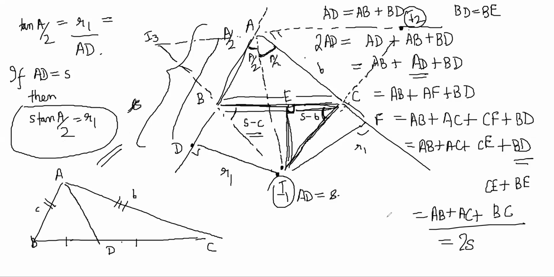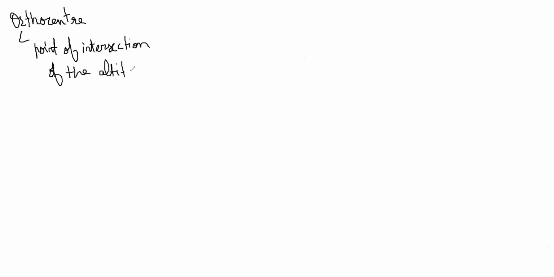Okay. So next we come to the orthocenter. The orthocenter is the point of intersection of the altitudes of a triangle. Now, what is an altitude?